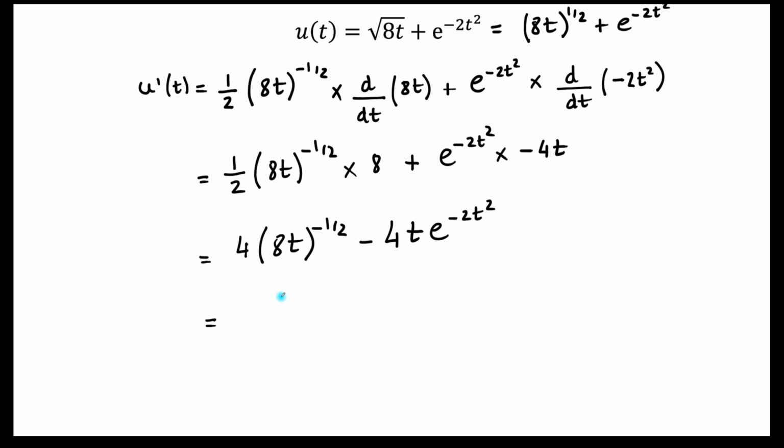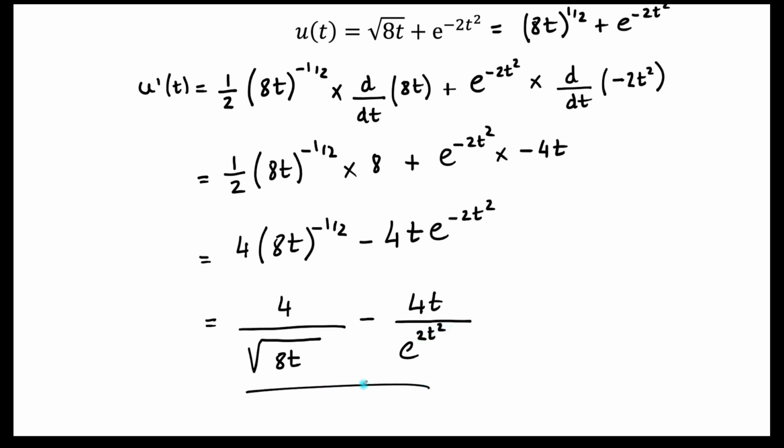I could either just leave it like that, or I can put it as so, and that would be 4t over e to the 2t squared. So that would be my final answer.